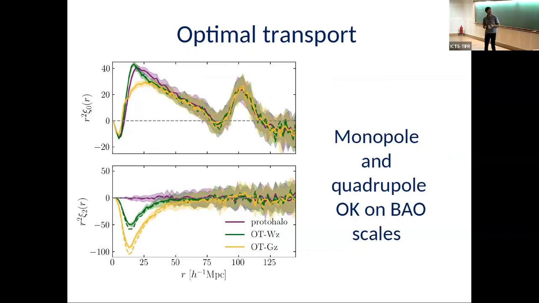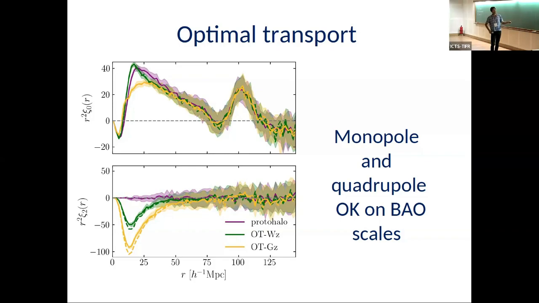So if you do that, then you can measure the monopole and the quadrupole. We've been looking at the monopole already, so there's no surprises there. Here's the quadrupole. I don't show you the nonlinear quadrupole, which is down here. It's been corrected, so it is back to something spherically symmetric on scales of order 50 megaparsecs and bigger.